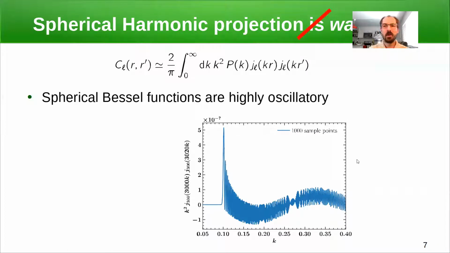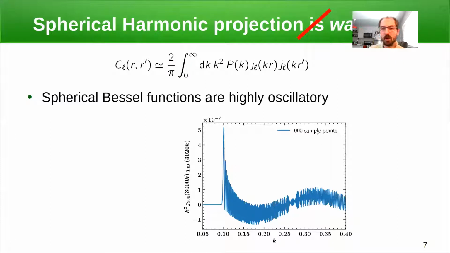So this spherical harmonic projection was quite difficult because if we look at a kernel, say l equals 300, of these two spherical Bessel functions, it is very highly oscillatory, and as you go to higher and higher k, you need to sample extremely finely to actually do this projection correctly.